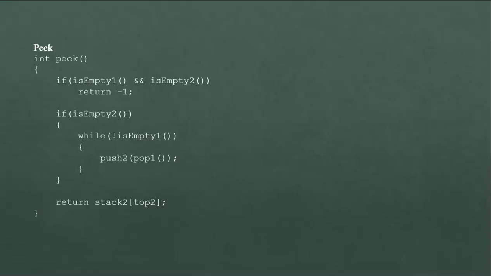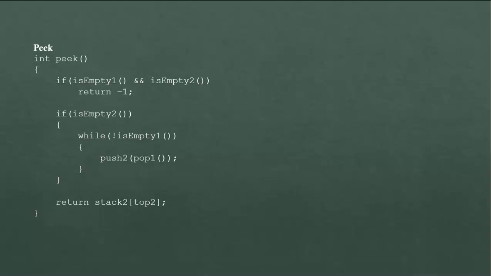Fine. Now look at the code for peek. Peek also checks whether both the stacks are empty to handle the underflow condition. If stack 2 is empty, again there is a while loop. This while loop continuously pops elements from stack 1 and pushes them onto stack 2. Once this is done, peek simply reads the element at the top of stack 2 without removing it.